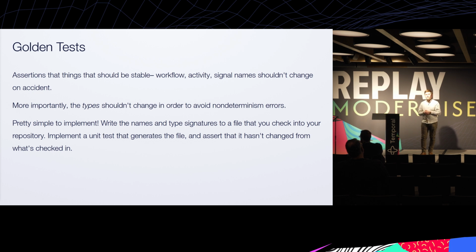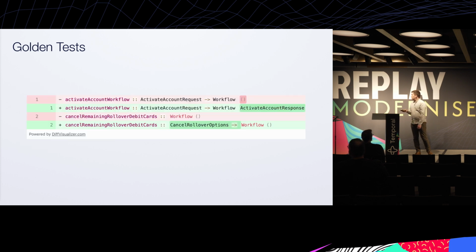So in other words, the inputs and outputs. Same for activities. And so if a developer accidentally makes a typo, renames a workflow by accident, or adds an additional argument to a workflow, which we strongly discourage, we could catch that. We could make sure that they hadn't inadvertently broken a workflow in production.